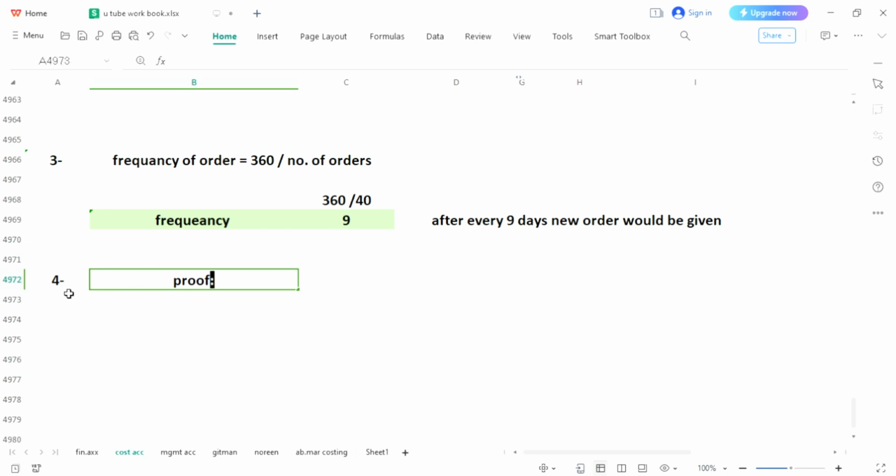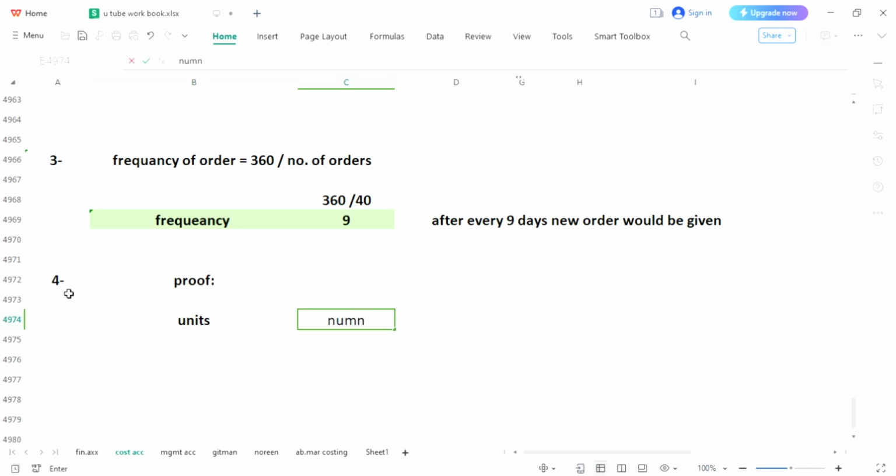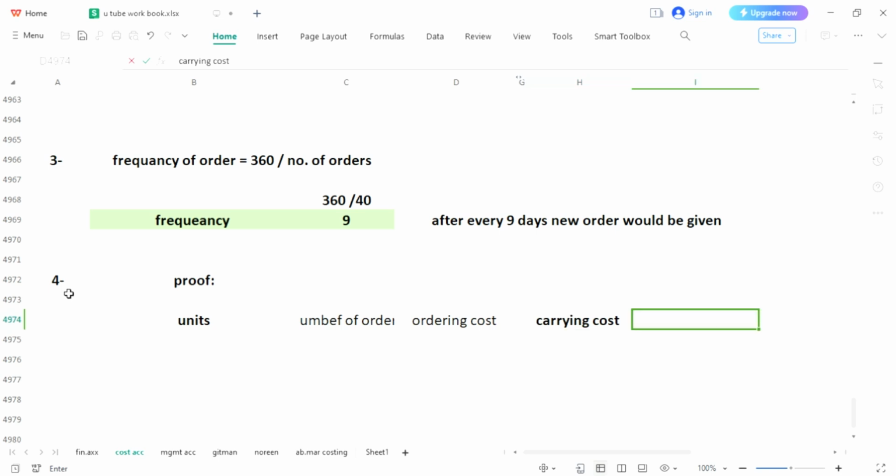And here what you will do, the first part of the question would be to see how many units you have, then you will see the number of orders you will put, after which you will see the ordering cost, then you will see your carrying cost, finally you will see your total cost.